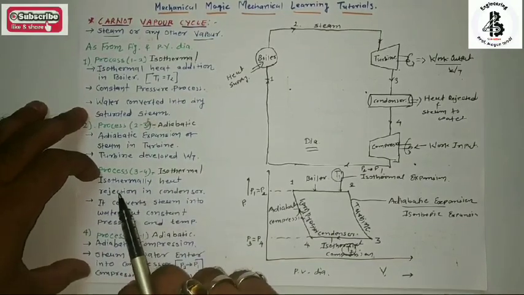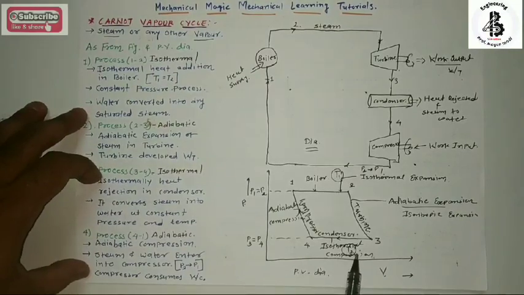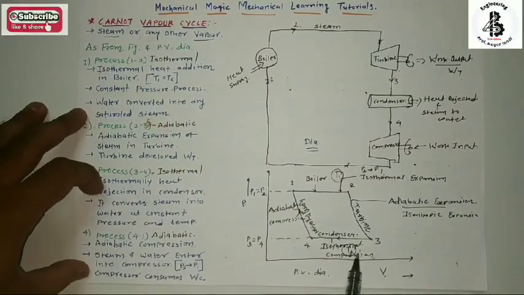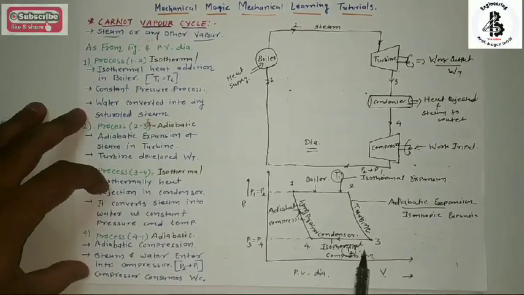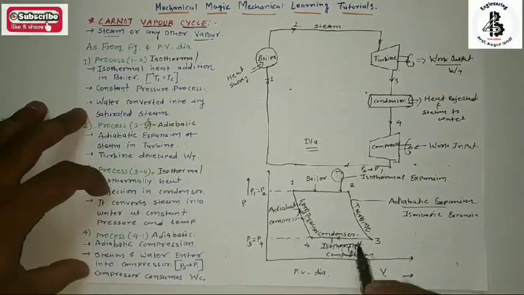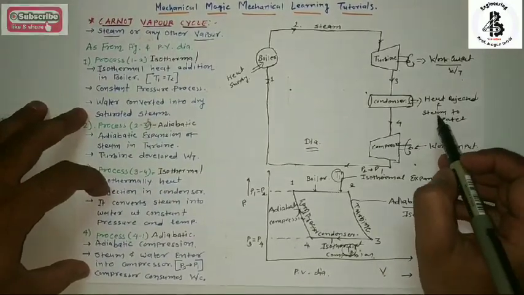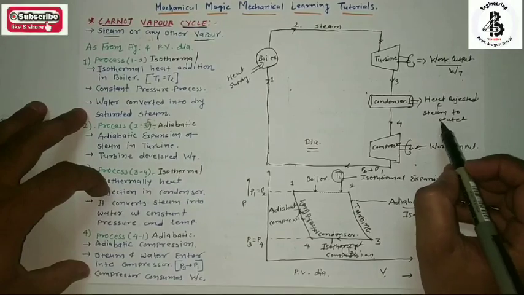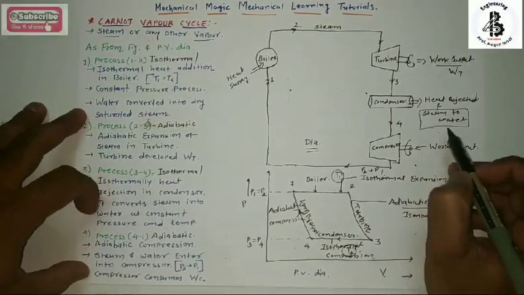In that case, heat is rejected into the condenser at the lower temperature T2, and that steam once again converts into water.